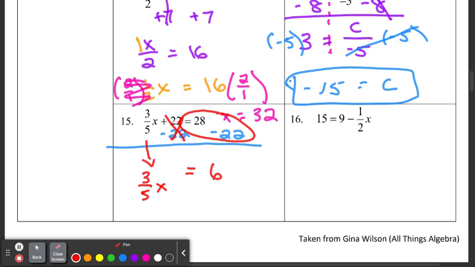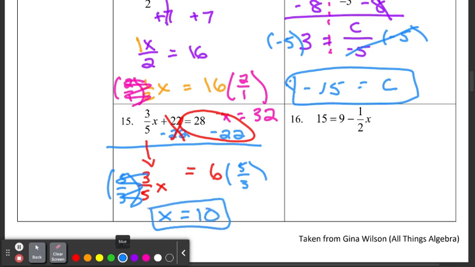To get the x by itself. Now the 3/5 is timesing the x. Okay, the x isn't part of the fraction, so this is where we multiply by the reciprocal. Multiply by 5/3, multiply by 5/3. Remember, you can also divide by 3/5. That cancels. 6 times 5/3 is 10.